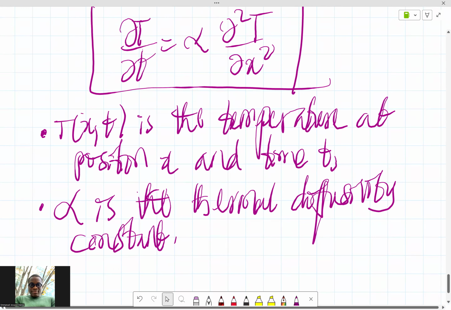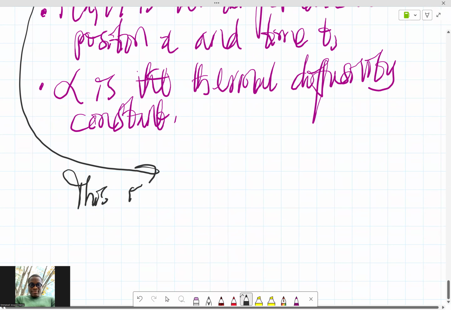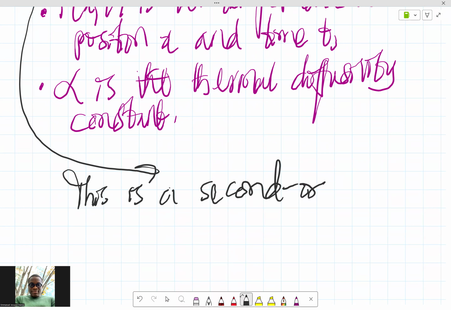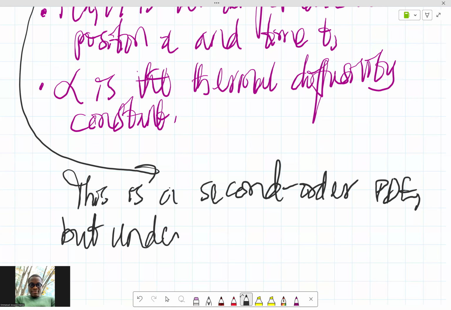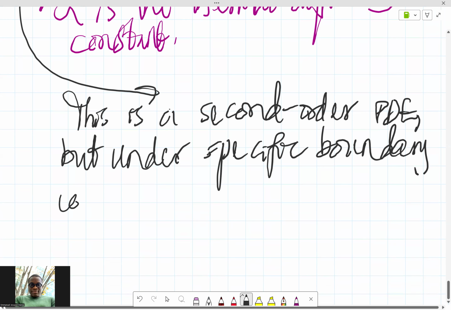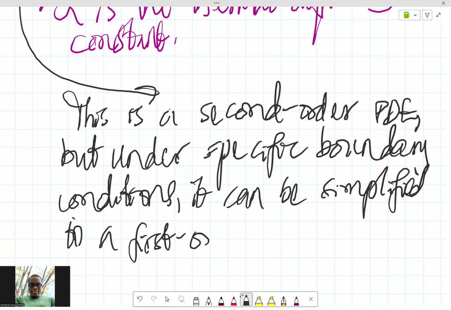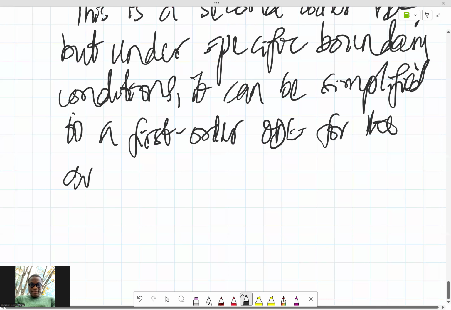So this is not a first order thing like we are simply saying, but it is a second order one.